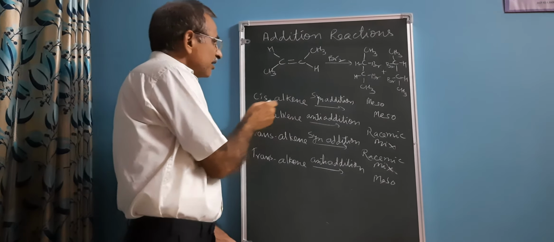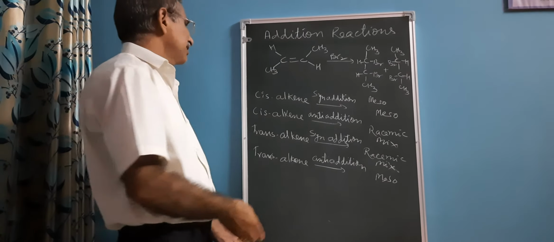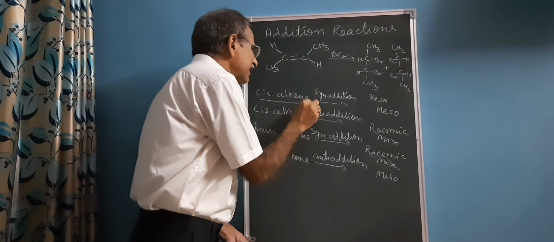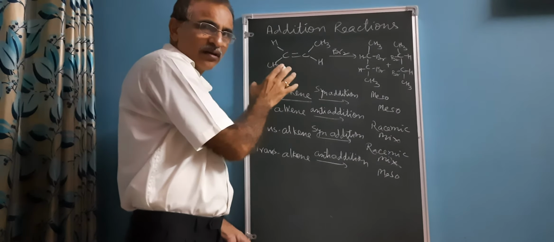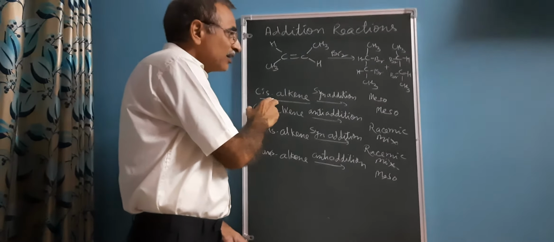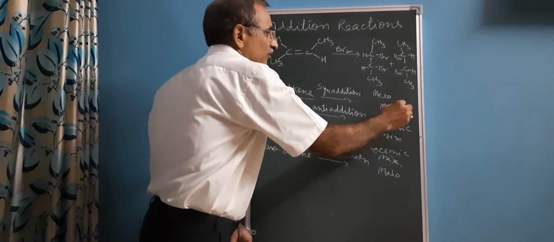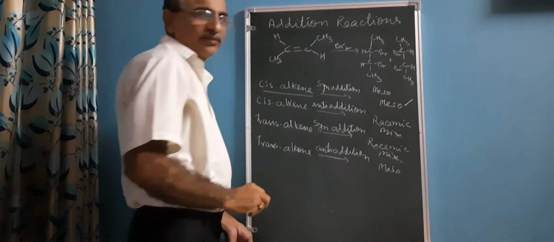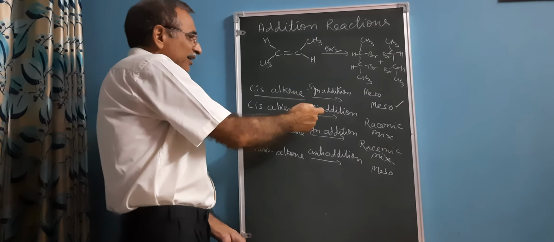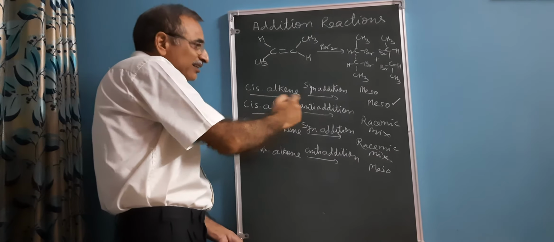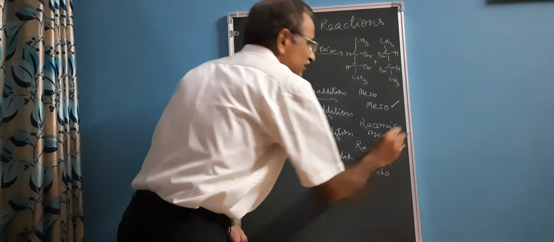In the same way, there is possibility of syn addition as well as anti-addition. Whenever you have a cis alkene, it means 2 alkyl groups are on the same side, and syn addition takes place. In that case, there will be formation of a meso product. Once you have a cis alkene and anti-addition takes place, there is formation of a racemic mixture.